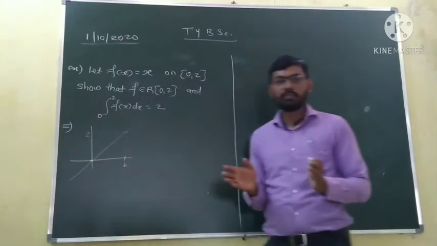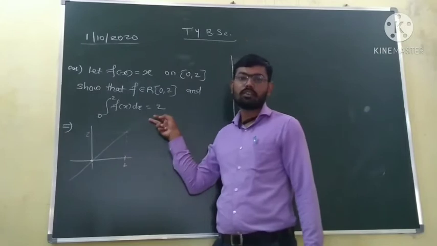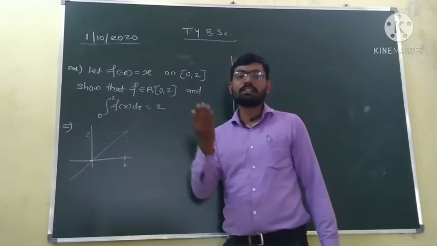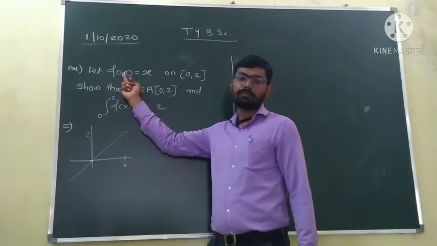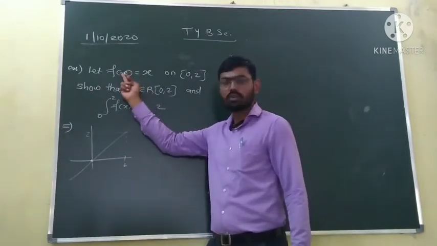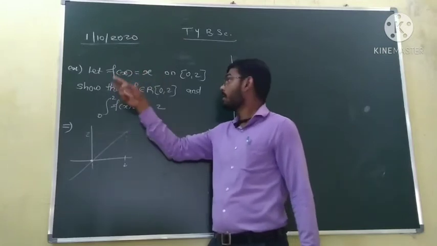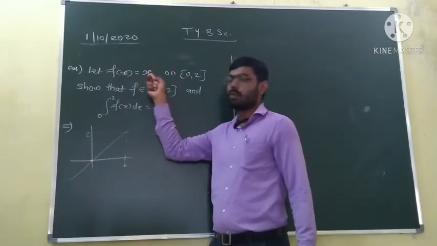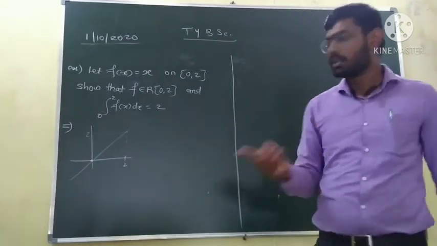The function is bounded. Also, the function is monotonically increasing. Okay. So the value of the function increases whenever we increase the value of x. If the value of x is 2, the value of the function is 2. If the value of x is 1, the value of the function is 1. So if we increase the value of x, the value of the function increases.